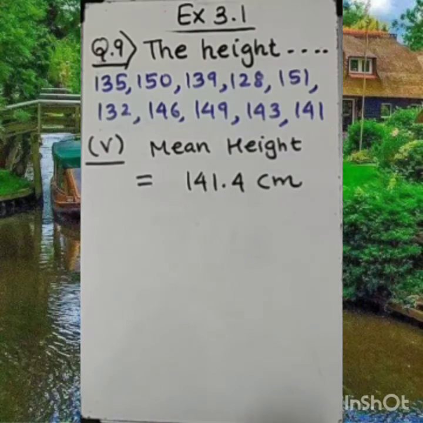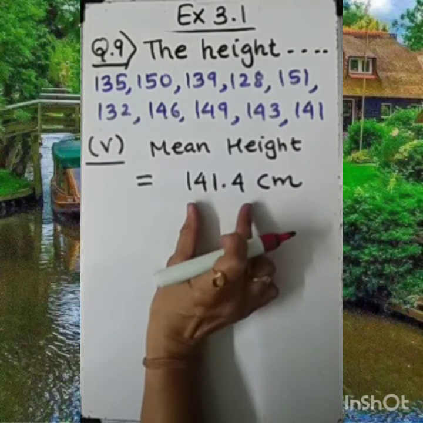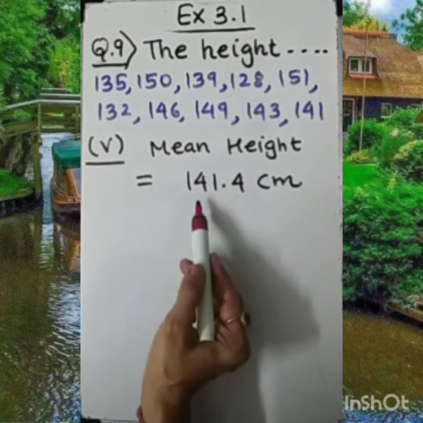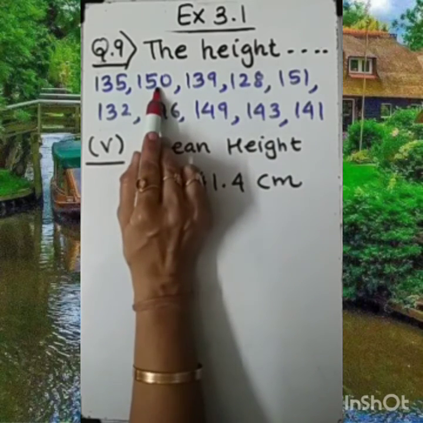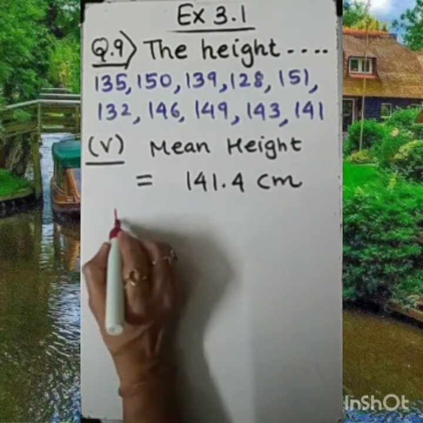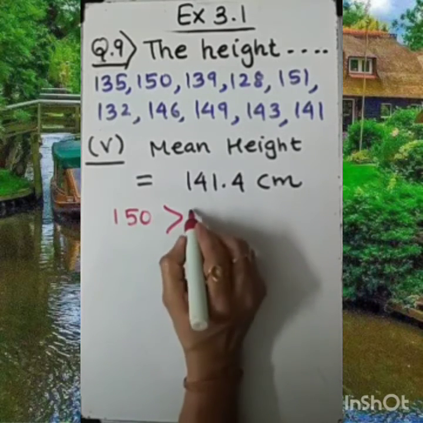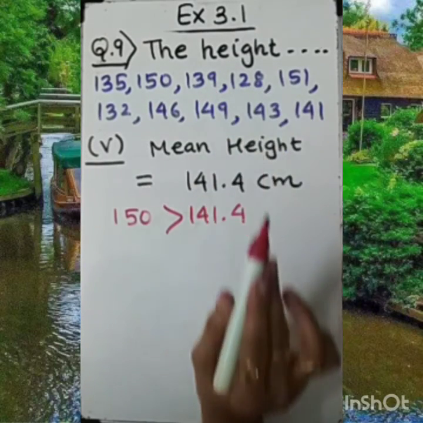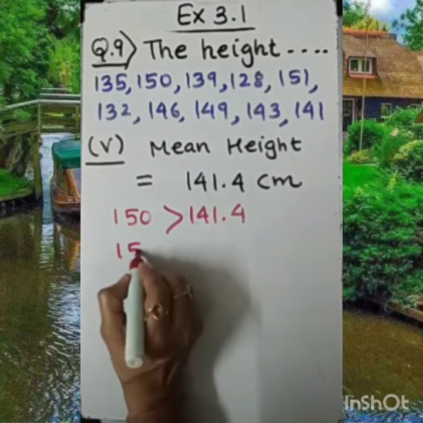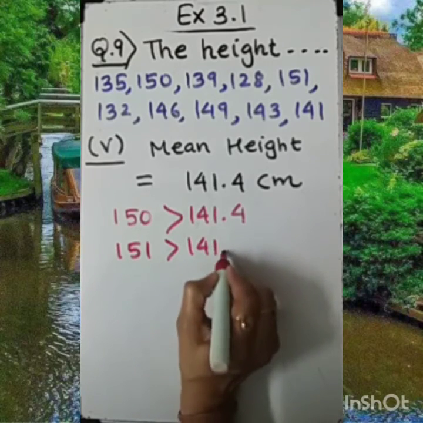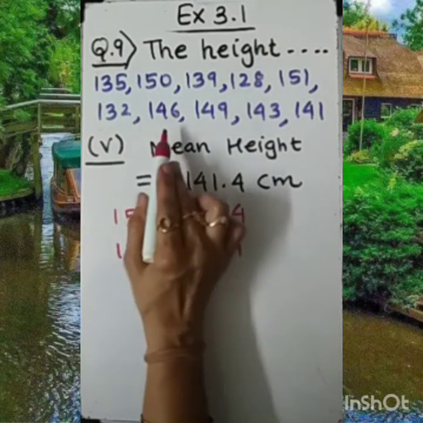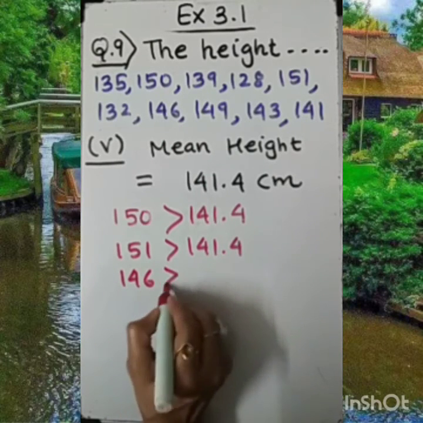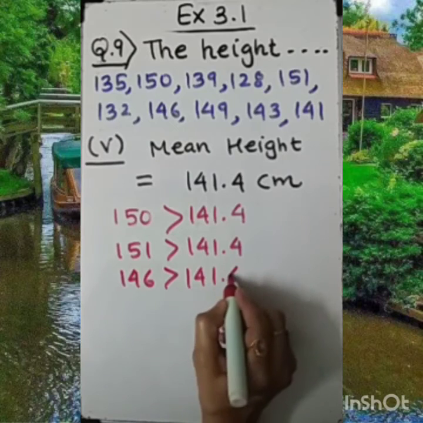So we have to move with this. More than this, what does it indicate? 135, not possible. It is less than this. 150, yes, it is greater than this. So I need to mention 150 is greater than this. 139, no. 128, no. Yes, 151 is greater than this. 132, not possible. 146, yes, of course, 146 is greater than 141.4.